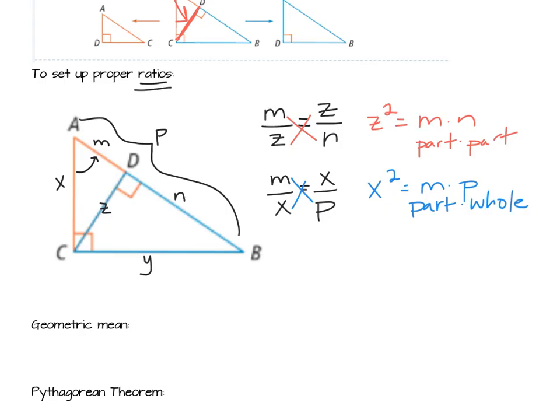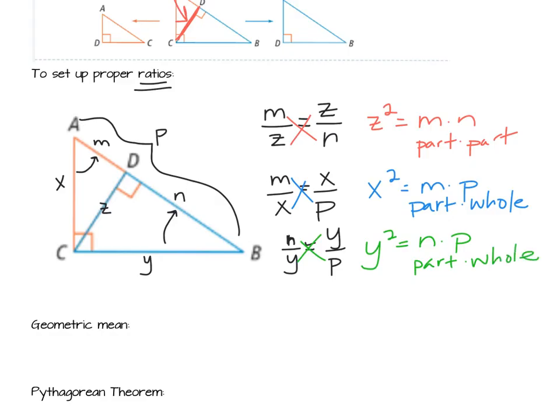The other comparison, down at the bottom, Y, is going to connect to the N portion of that big segment. So N over Y equals Y over P. And when we cross multiply, Y squared equals N times P, which is also part of the hypotenuse times the whole hypotenuse.